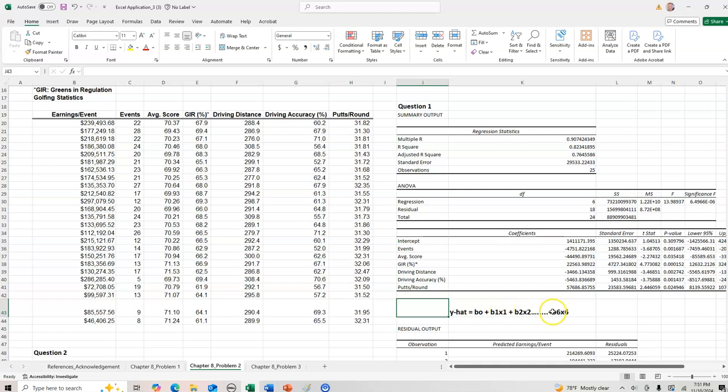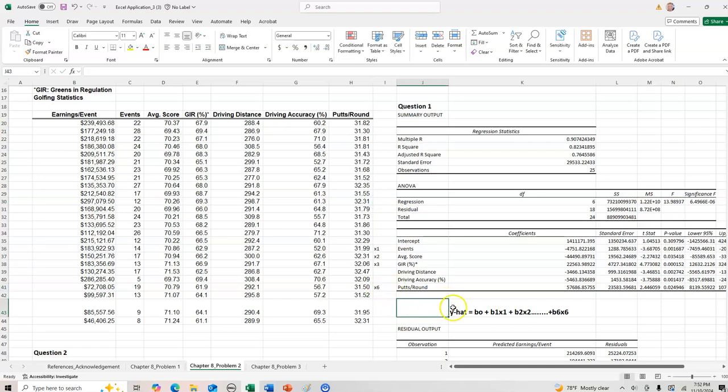But in your case, since you have 6 independent variables, what you get is the intercept, which is b naught, plus b1 x1, where the b values are the coefficients, I should say, and x1 through x6 are just the variables in the model. So this would be x1, x2, x3, and so on and so forth, all the way down to x6.